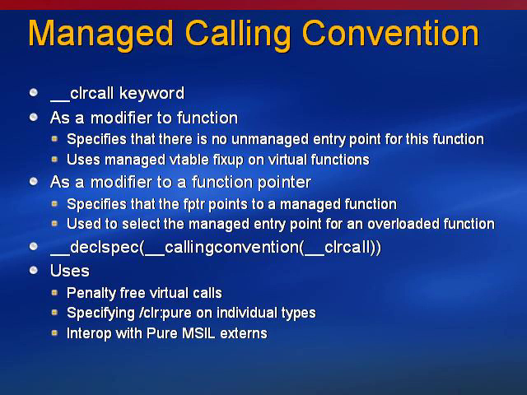You can also use it as a modifier to a function pointer, and you would do it in much the same way that you would use cdecl or stdcall, except it has the additional use of being able to specify which overload to take. So for example, if I want to do an indirect call on a function that's been compiled with the interop technologies, which has both the managed and the unmanaged interfaces, if I leave the compiler to its own devices, it will just take the unmanaged interface to assign the function pointer. If I say that this is a __clrcall function pointer, it will instead take the managed entry point.